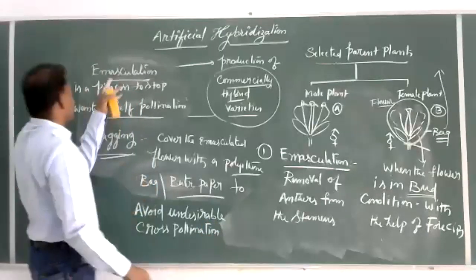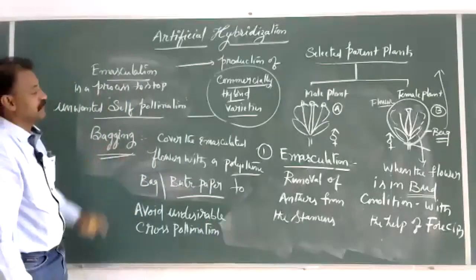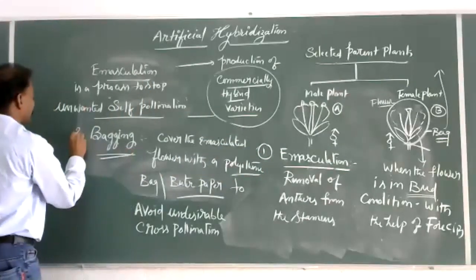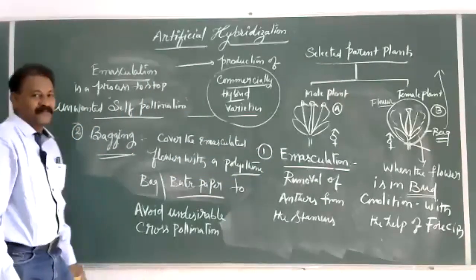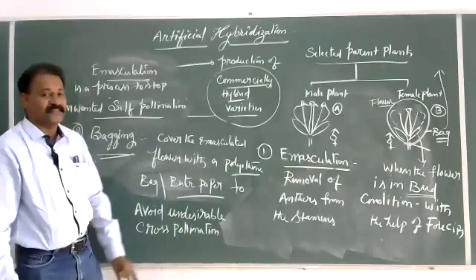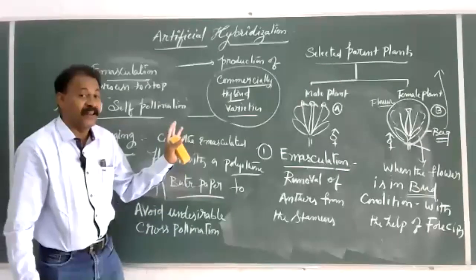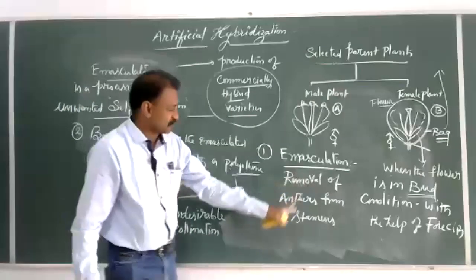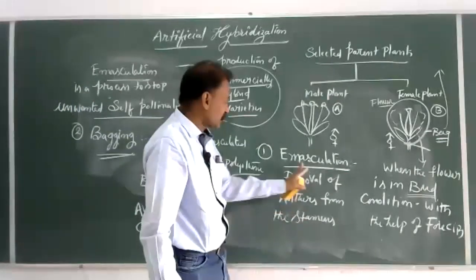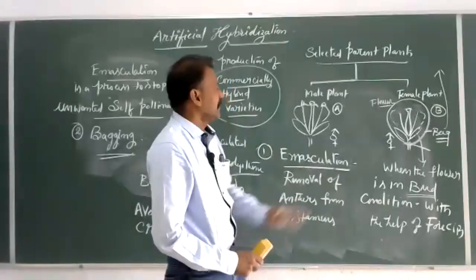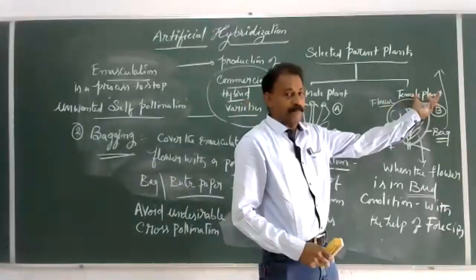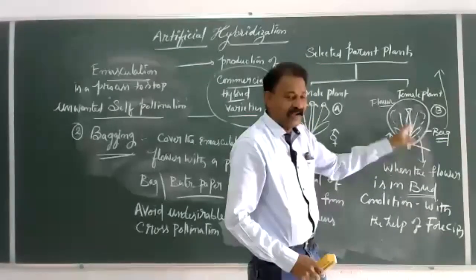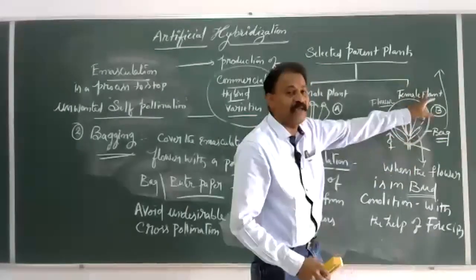What are these two terms associated with? Emasculation is the first one. The second one is bagging. In which plants or flowers will emasculation and bagging be carried out? Emasculation is carried out in female plants which have bisexual flowers, and we want to consider this plant as a female plant.